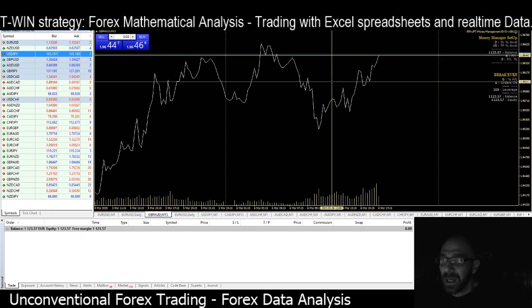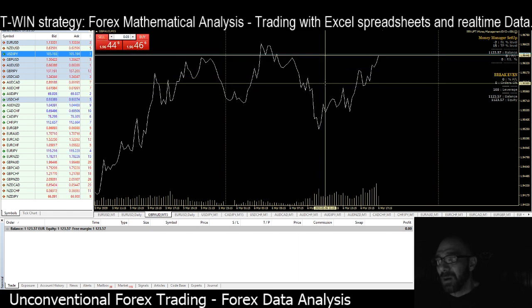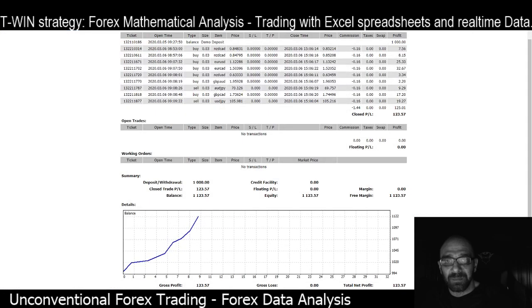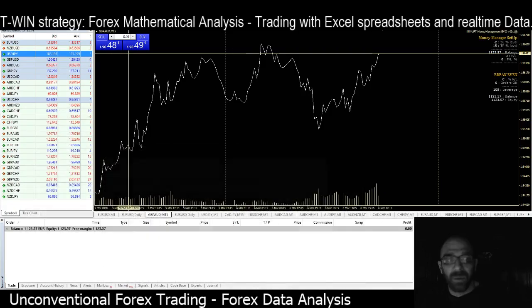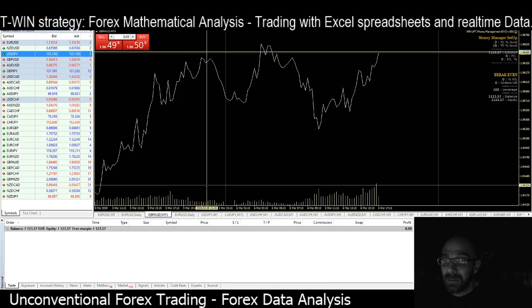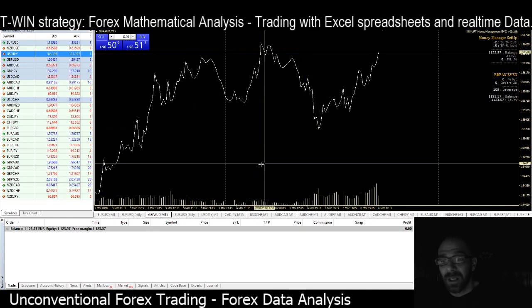But anyway, there was this ranging phase that would have somehow leveled that trade at least. What else did I make? Oh, the Aussie Yen.